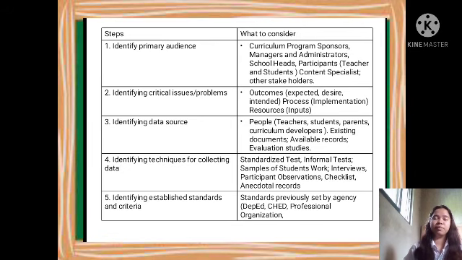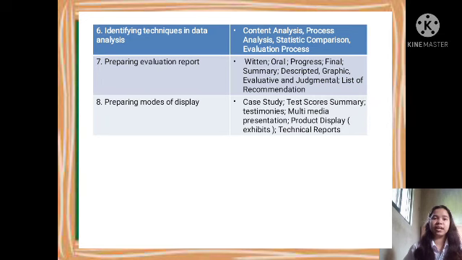So number 5 step is identifying established standards and criteria. So standards provided by agencies, DepEd, CHED, professional organizations. Number 6, identify techniques in data analysis: content analysis, process analysis, statistics, comparison, evaluation process. Number 7, preparing evaluation report.